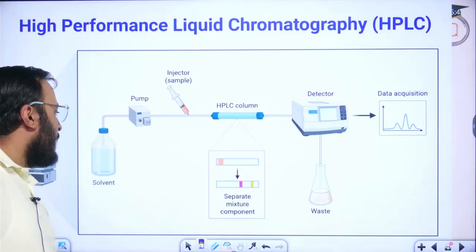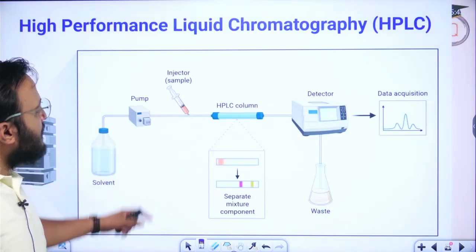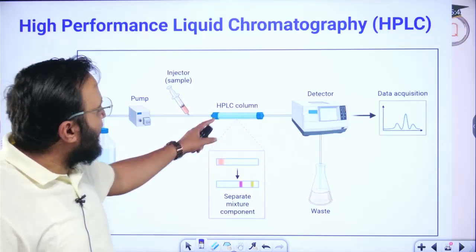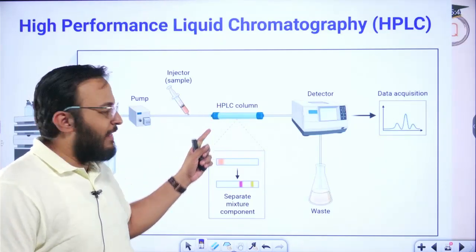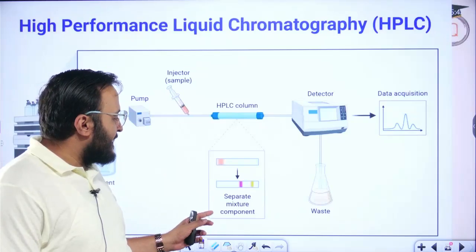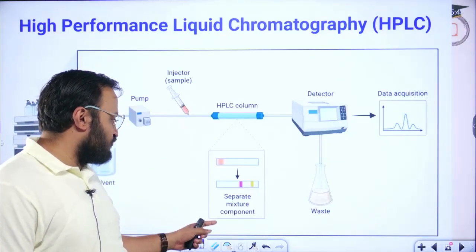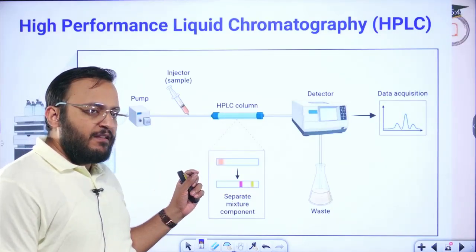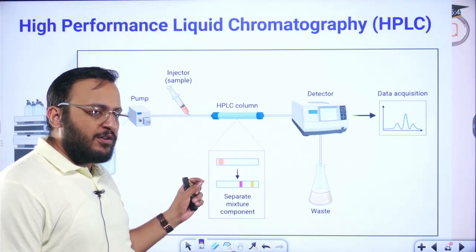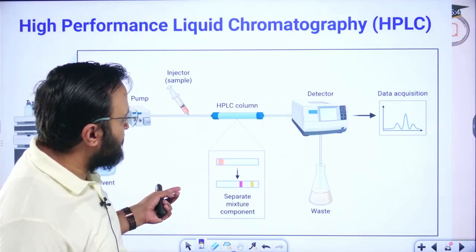Now what is that? So guys, this is the solvent, this is the pump. This is the high performance liquid chromatography column, HPLC column. And this column contains what? It contains the chromatographic plate or chromatographic cylinder, right? So what happens?